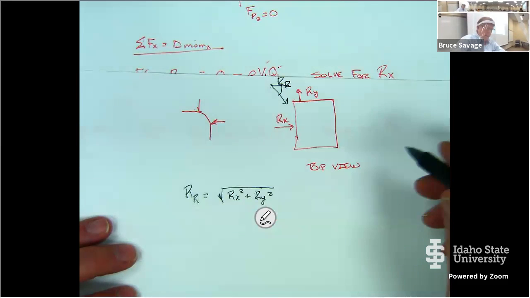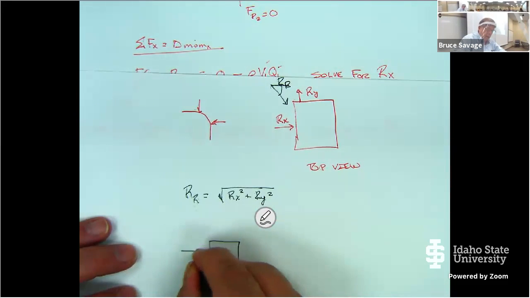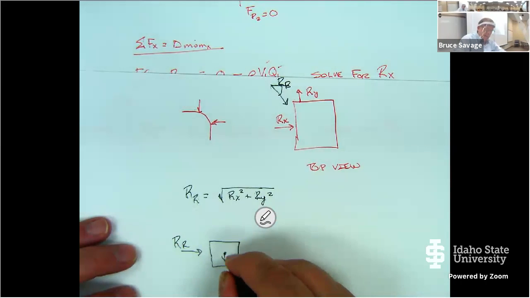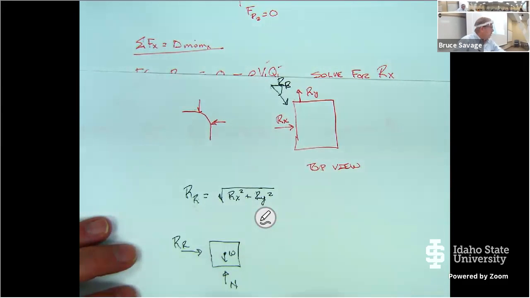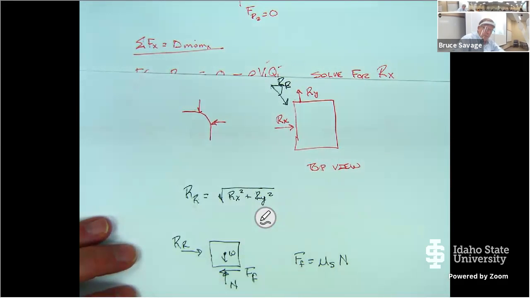So now I have a block of concrete being pushed on by my resultant force, and this block has some weight, and that weight is going to create a normal, and that normal is going to react with a coefficient of friction. So my friction force is equal to my coefficient of static friction times the normal force. And my weight is going to be equal to the normal force.